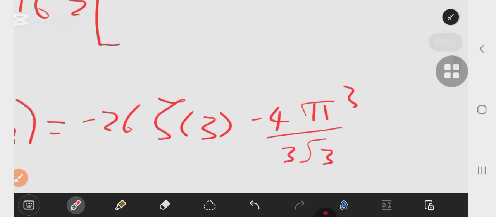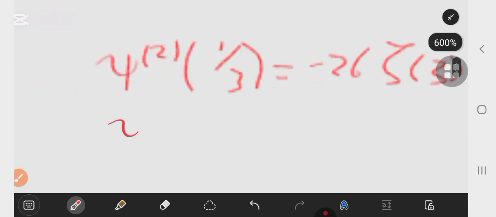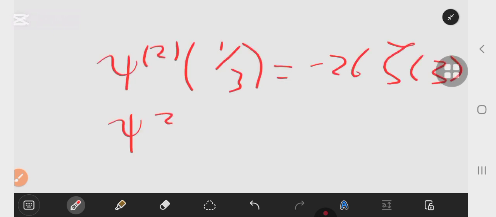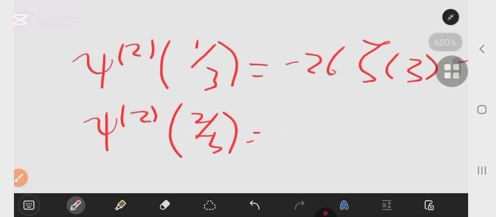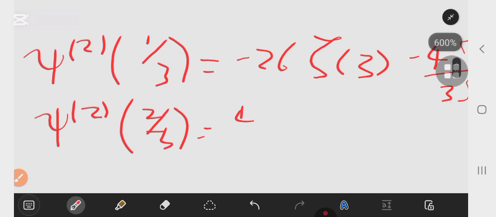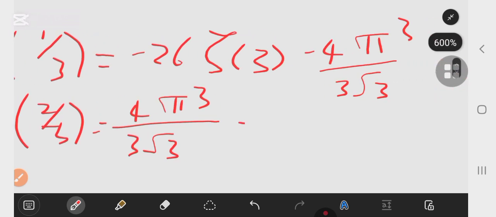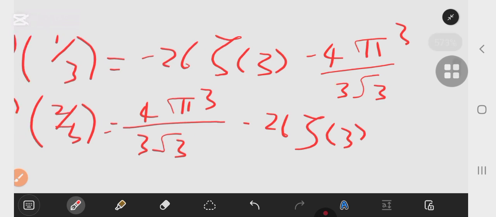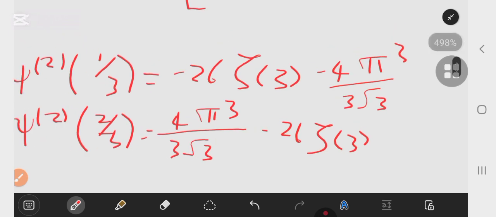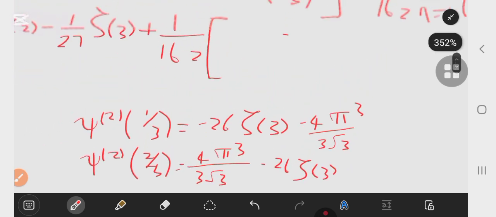Now Trigamma 2/3 is equivalent to 4 pi cube all over 3 root 3 minus 26 zeta 3. Notice how this seems to be the negative of this. Never mind.